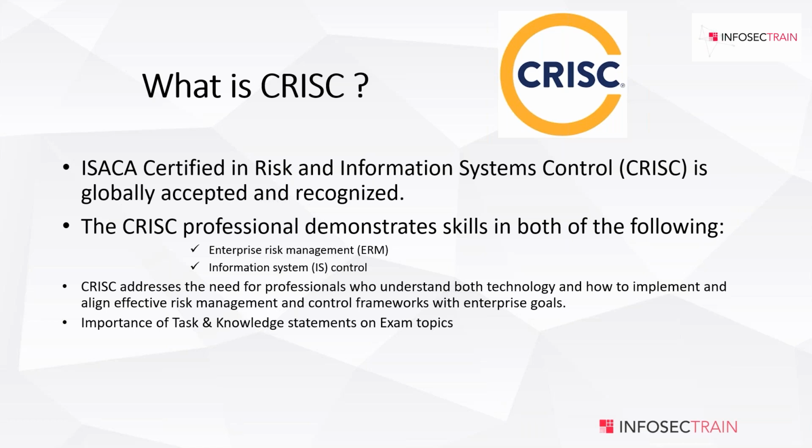So what demonstration is expected once we say that we are a CRISC professional? What does CRISC mean? It is Certified in Risk and Information Systems Control. So there are two parts to it. One is risk management, enterprise risk management, and the other is information system control.